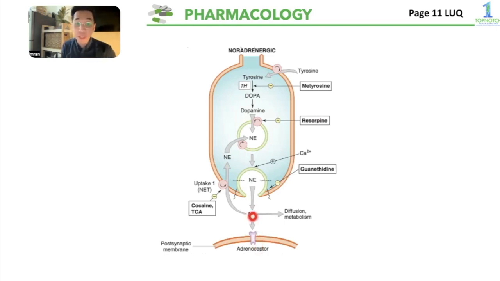Your norepinephrine can also be reuptaken dun sa presynaptic nerve natin by a transporter that will reuptake the catecholamine to the presynaptic nerve para reuse mo siya or ma-recycle mo siya. And the drugs that inhibit that include cocaine and your tricyclic antidepressants.